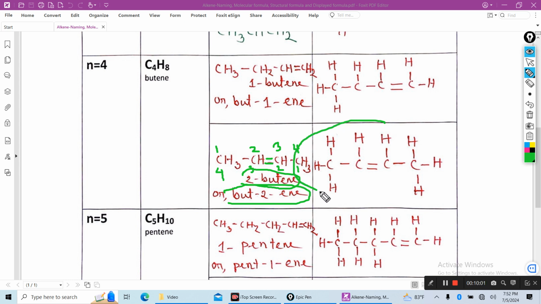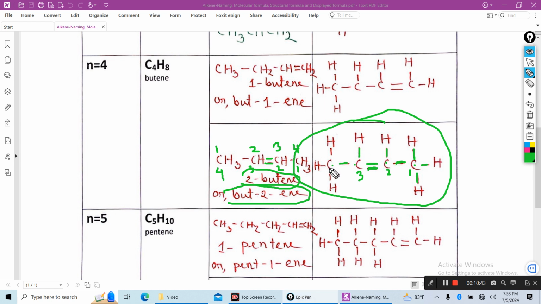This is the displayed formula of butene. Carbons 1, 2, 3, 4, C4. You give the double bond between carbons 2 and 3. Then carbon 1 has valency 4 fulfilled with 3 hydrogens. The second carbon needs 1 hydrogen, and number 3 carbon needs 1 hydrogen.